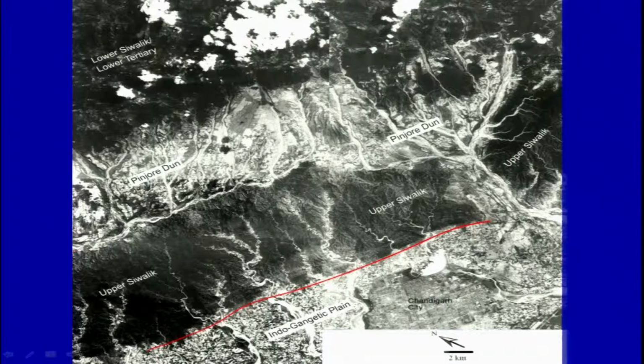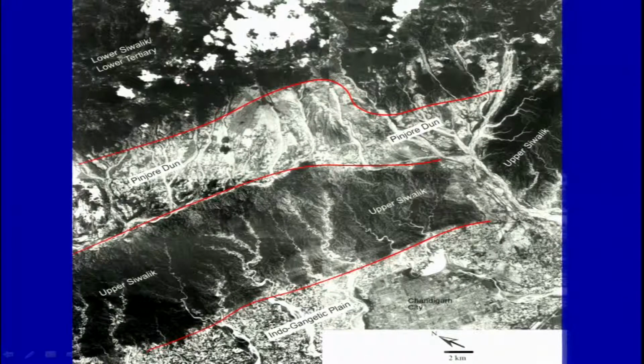Then this hill range ends here, and we have another hill range over here, but in between we have brighter areas which are very similar to the Indo-Gangetic plain. So, this area is flat terrain, whereas these areas are hilly terrain.